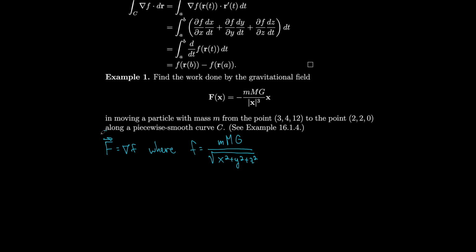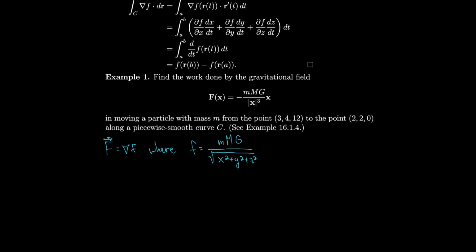Because remember, our gravitational field F had an x in the numerator and this thing cubed. But if we want to get back to f before we take our partial derivatives, we could just remove that x and change this to the 1/2 power instead of the 3/2 power.